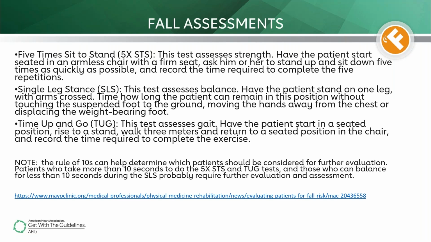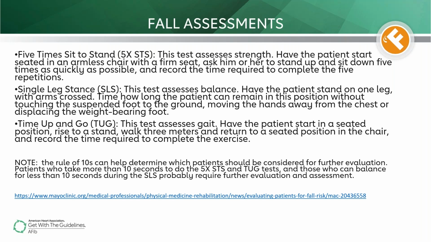The timed up and go, or the TUG, is probably the most common one done, and this is often done in clinical trials in assessing patients for fall assessments. This test assesses gait. Have the patient start in a seated position, rise to a stand, walk 3 meters, and return to a seated position in a chair, and record the time required to complete the exercise.